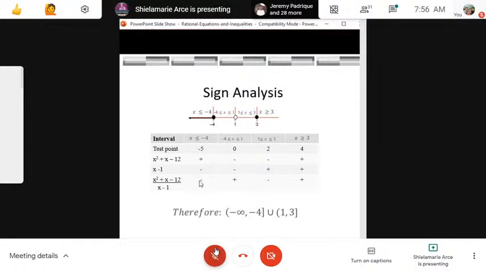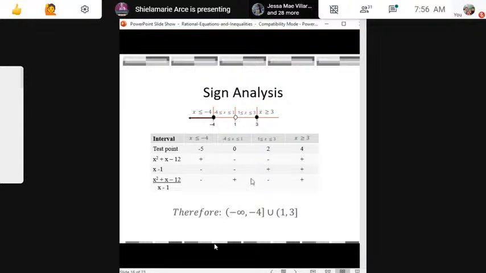Kaya ang pumapasok lang dito kapag ginamit natin yung sign analysis, katulad kanina ng test values natin, is yung x na less than or equal to negative 4 and x na greater than 1 but less than or equal to 3.